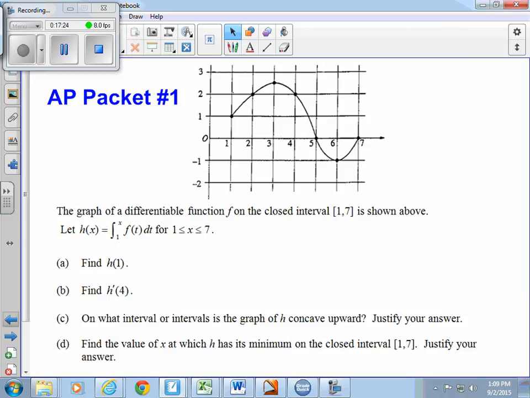Okay, let's look at number 1 on the AP packet.